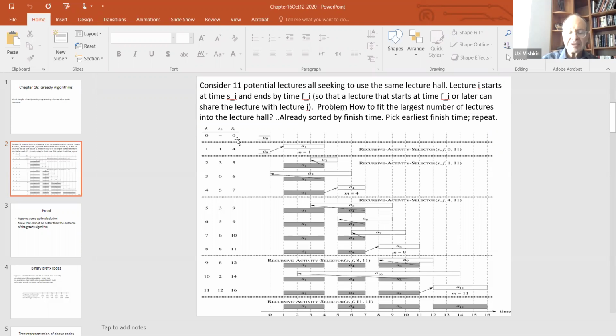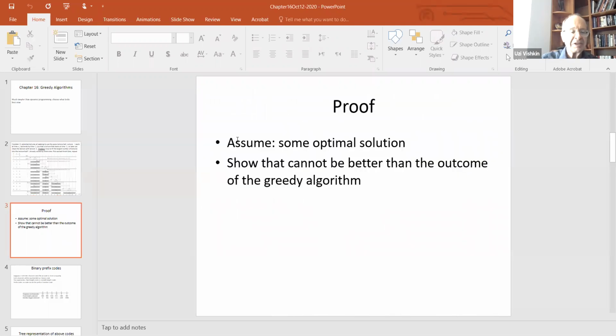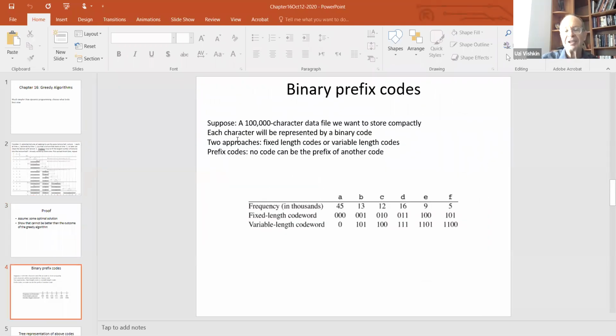Okay. The next example is something that definitely the electrical engineers in the audience will be aware of. It's known as the Huffman code, and I'm going to define the problem for you. The problem is what's called a binary prefix code.